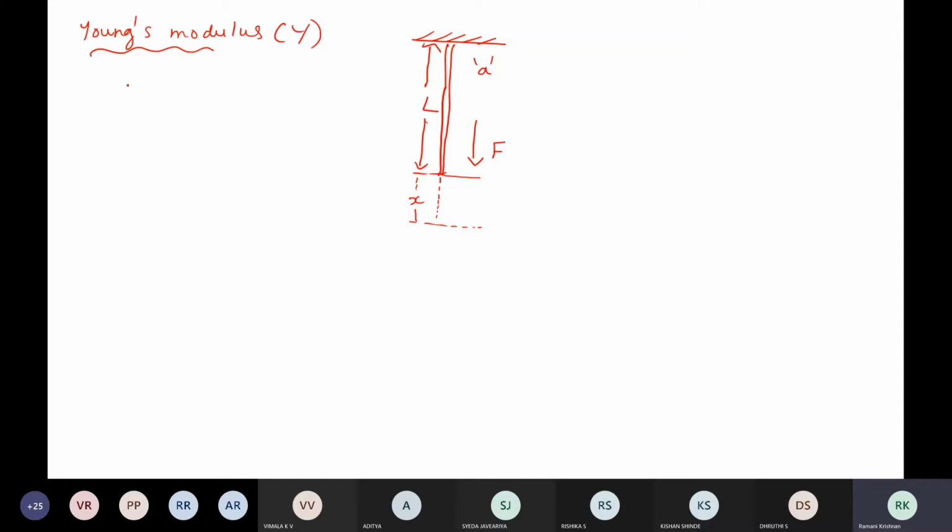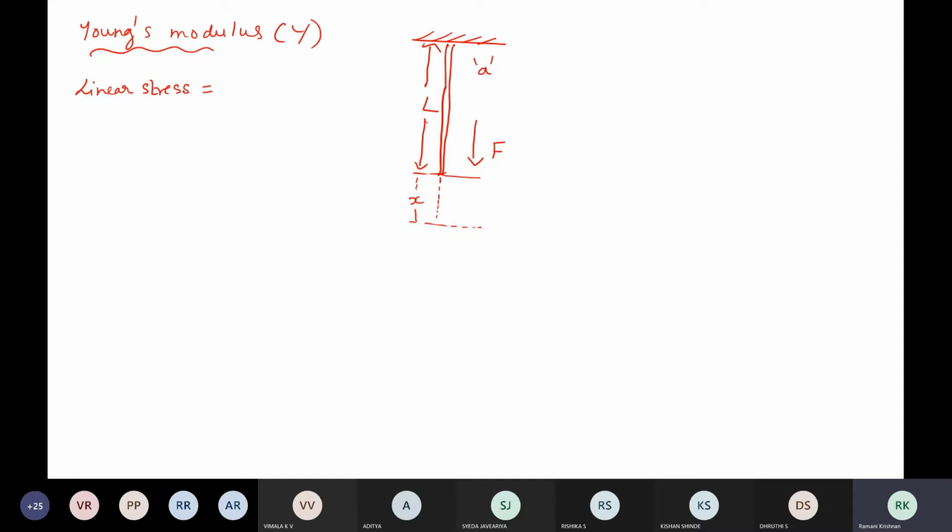Now let us define. Here the change is in length. First, tell me what is the linear stress here? We know that stress is defined as force per unit area.